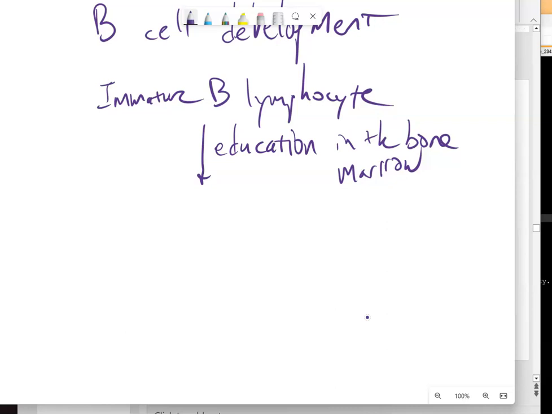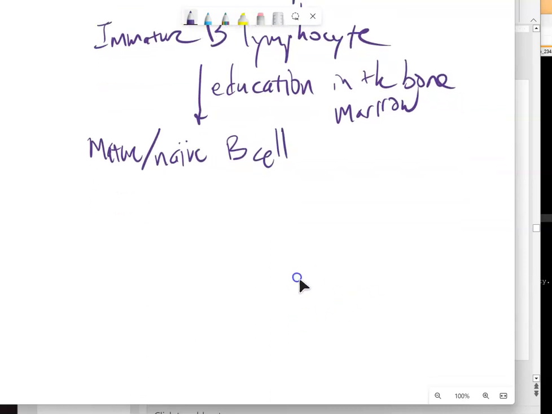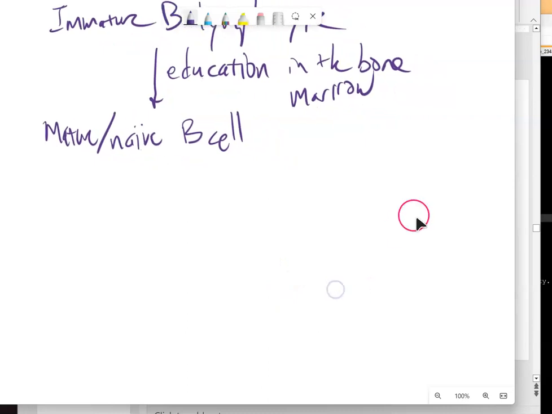And if it survives, it will become a mature, naive, mature but naive B cell. So now B cells are very different from T cells because a B cell receptor doesn't need to participate in antigen presentation.